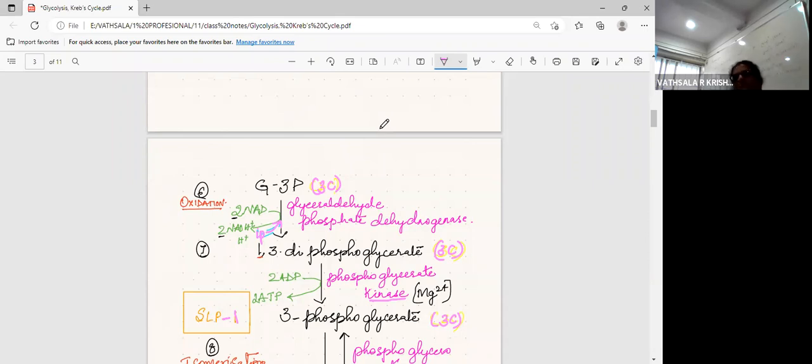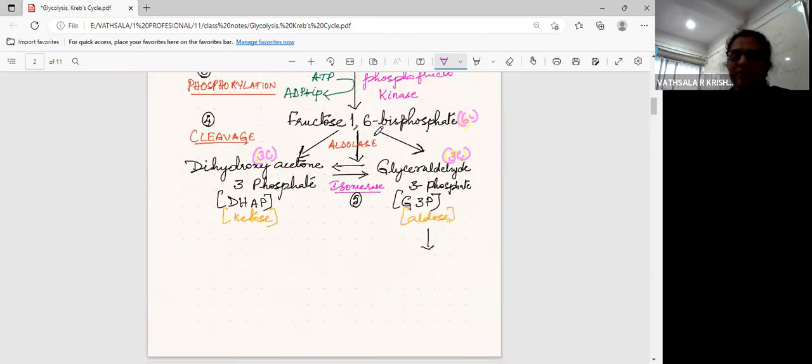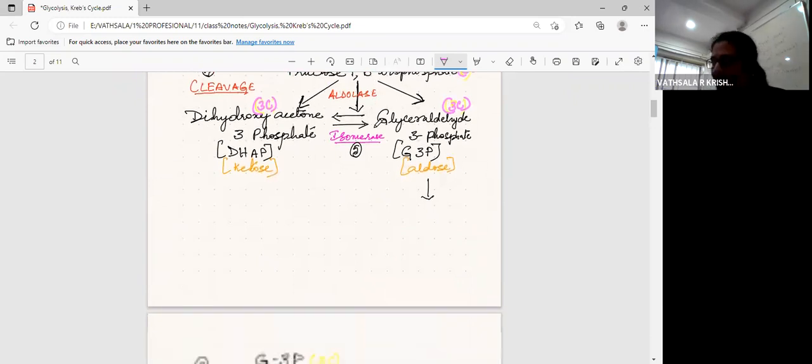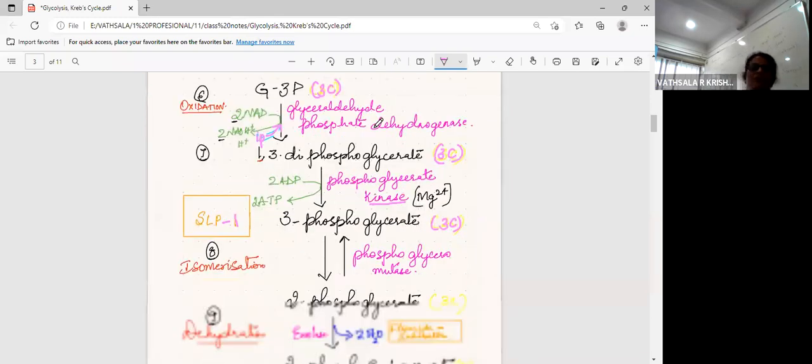Cleavage is the fourth step. Then in the fifth step, isomerization: DHAP is converted to 3-PGA, phosphoglyceraldehyde. So 3-PGA and G3P are one and the same.